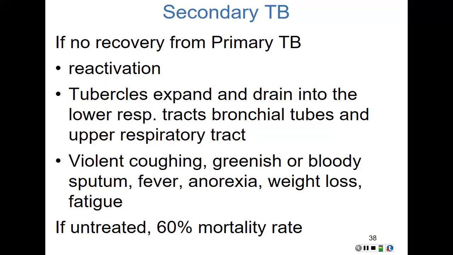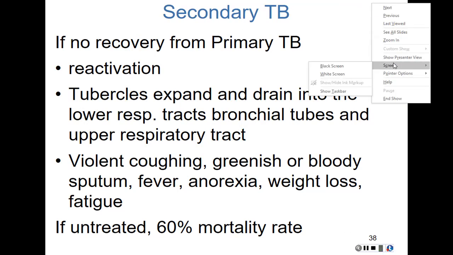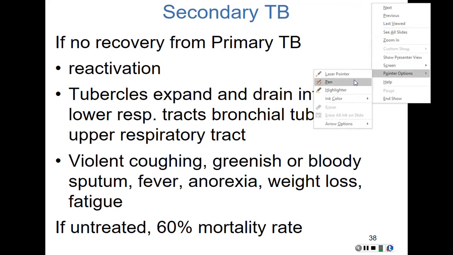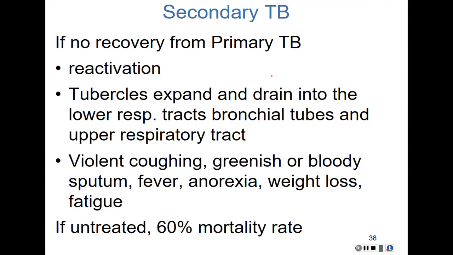That's primary TB. Secondary TB is where these tubercles expand, and now they develop into a more advanced respiratory disease. So this is where you get fluid buildup in the lungs.